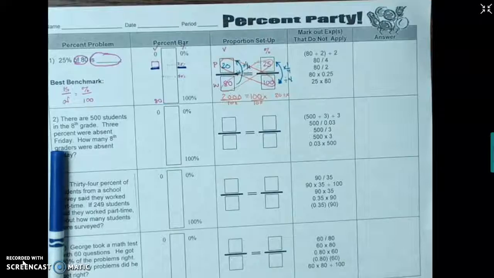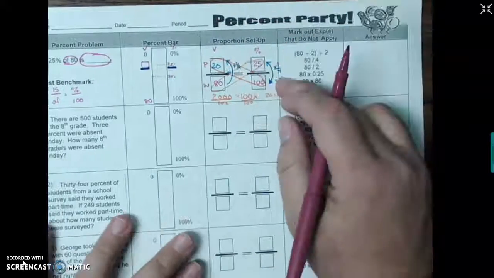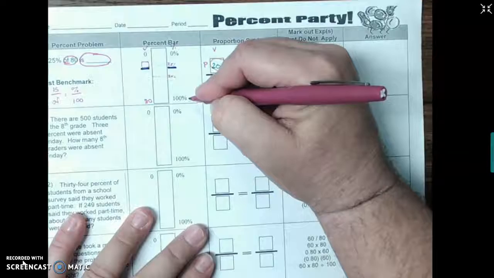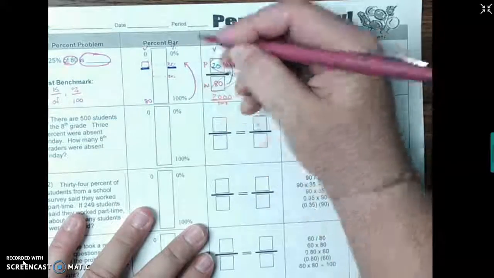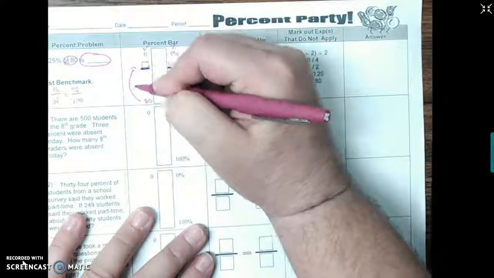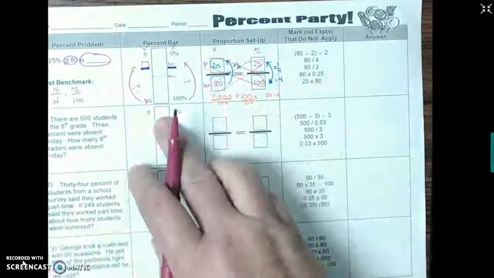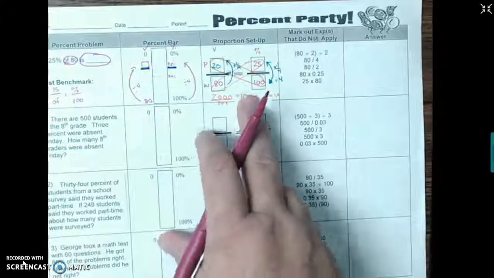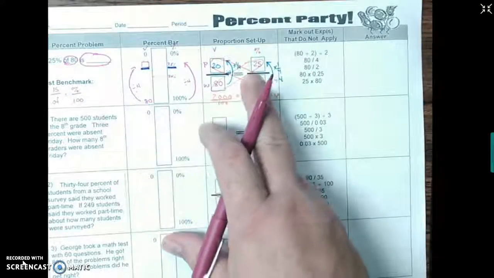How do I get from 100 to 25? Well, I divide by 4. So I'm going to do the same thing here. I'm going to divide by 4. The bar is really just to help if you're having trouble setting up these proportions.